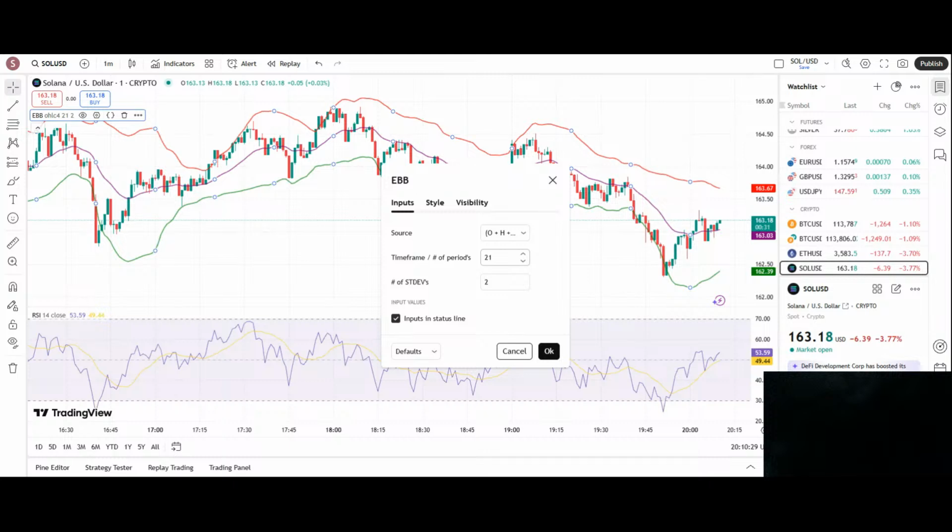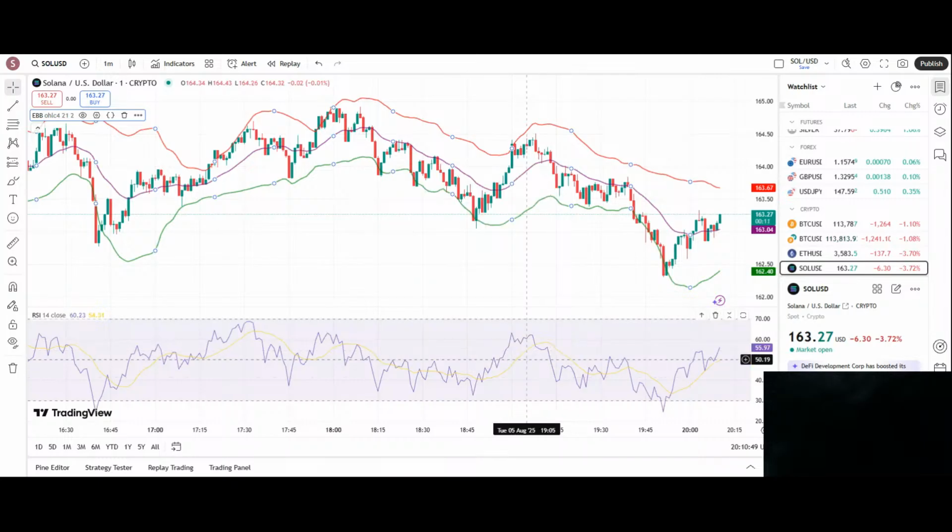That's recording over the last 21 periods, 2 standard deviations away from the exponential moving average. No, I don't know what standard deviations are. That's a Google question. Defaults. So we'll do that.